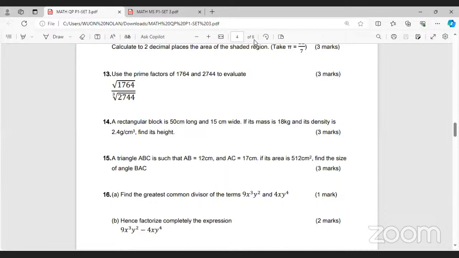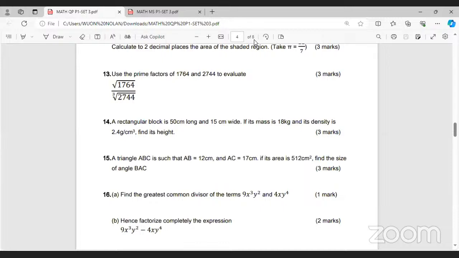Now, how do we score in this question? I just want to mention something. I know we are all getting the correct answer as 3. But the question suggests use prime factors of 1764 and 2744 to evaluate.